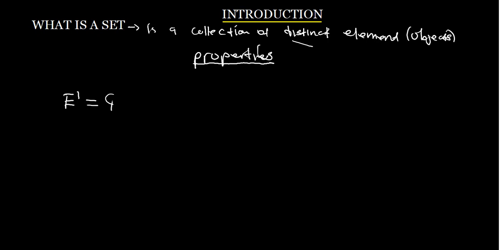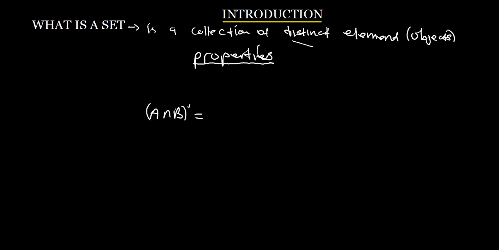Master it. So let's say I have this property. If you see A intersection B complement, you can also write it by distributing this complement.